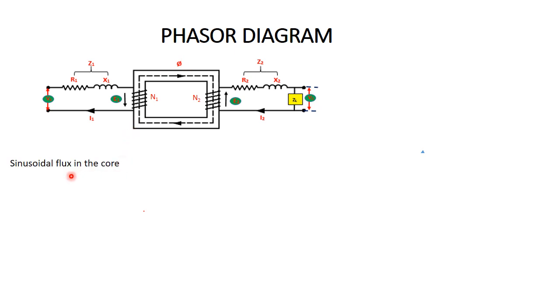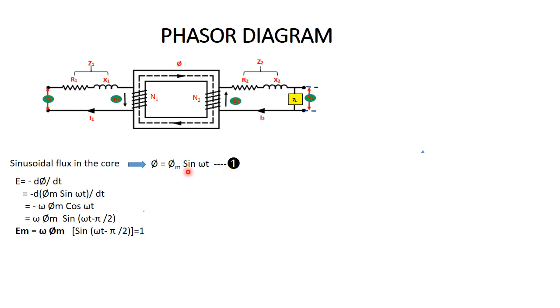Sinusoidal flux in the core, phi equals phi m sin omega t. We can call this equation 1. According to Faraday's law of electromagnetic induction, E equals minus d phi by dt, that is equal to minus the derivative of phi m sin omega t by dt, equals minus omega phi m cos omega t.